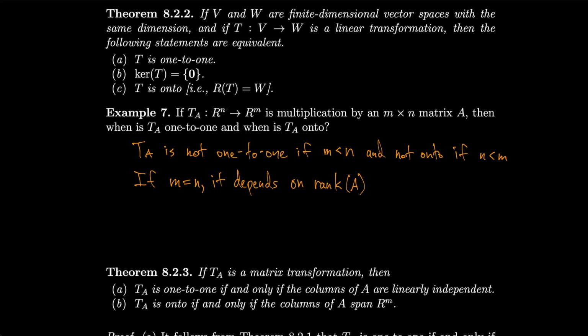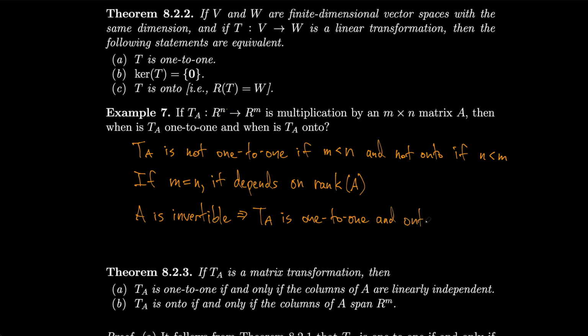It turns out that if A is invertible, then TA actually is 1 to 1 and onto.